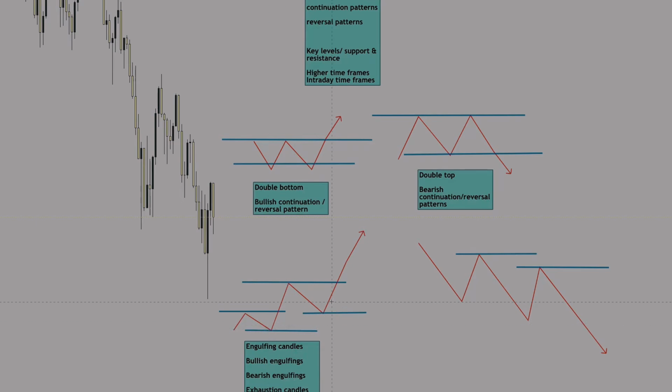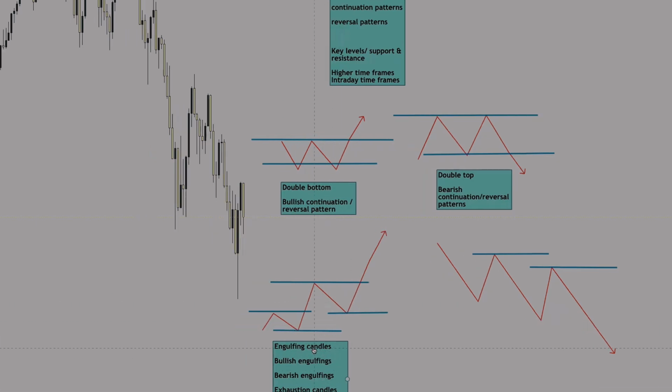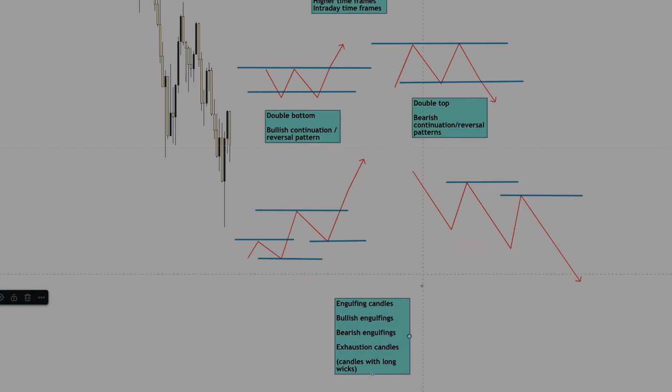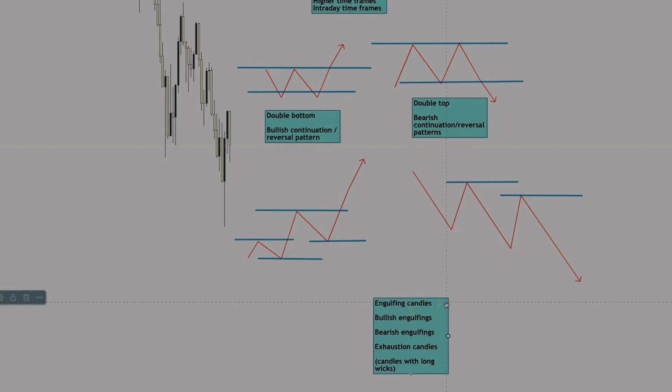Now on these levels here, continuation patterns are engulfing candles or engulfing variations. Okay, so write that down. That's very important. So right here, on these areas, you're looking for little candles, smaller time frame candlestick patterns of engulfing candles, as well as engulfing variations.